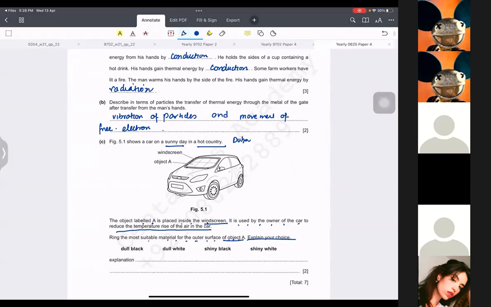It should be shiny and white. Why? Because shiny and white is a poor absorber and a good reflector. Everybody understand this? Any question?